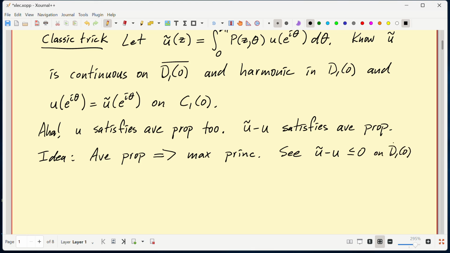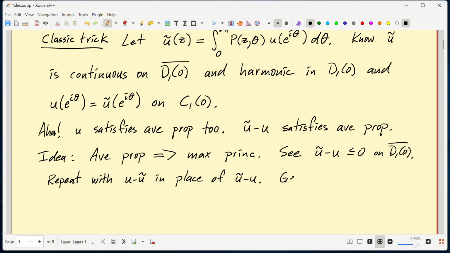And a classic trick is once you see that, then you repeat this argument with u minus u twiddle in place of u twiddle minus u.